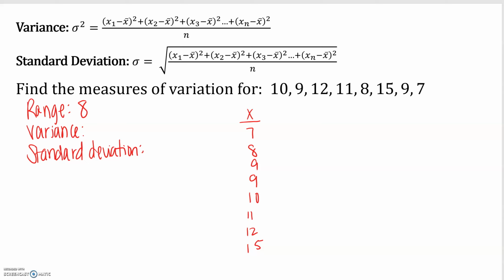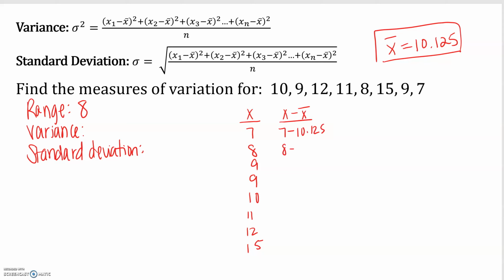The next thing that we're going to do is find the difference between that x value and our mean. Remember 2 slides ago, we found out that our mean was 10.125. That's the exact value, so we're going to use the exact value here in order to figure out each of these numbers. So we're going to say 7 minus 10.125.